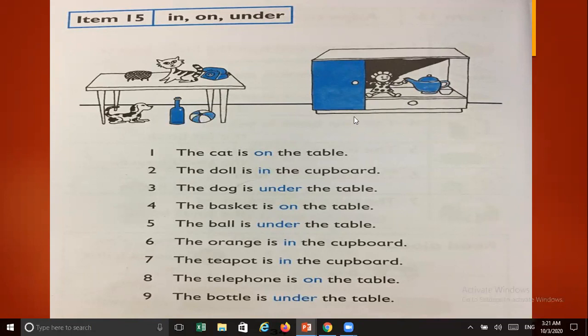Now we will start the reading from number 1. The cat is on the table. Cat is not under the table, on the table. You can see in the blue color on, in, under in your page. So number 1 is the cat is on the table. Number 2.